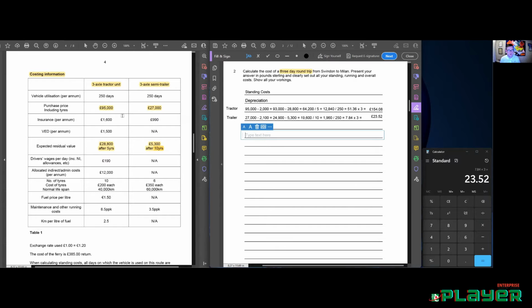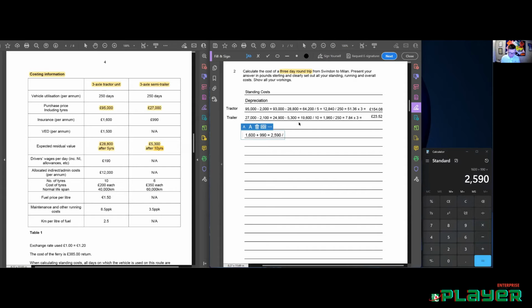Insurance will work out as 1,600 plus 990 equals £2,590 I spend on insurance per year. The reason I can lump those together is because they're both utilised over 250 days.